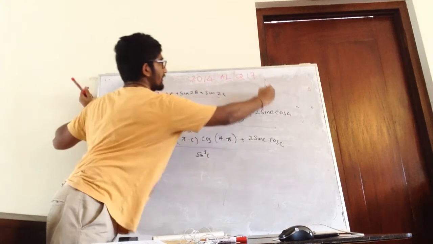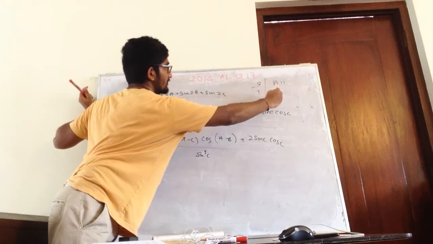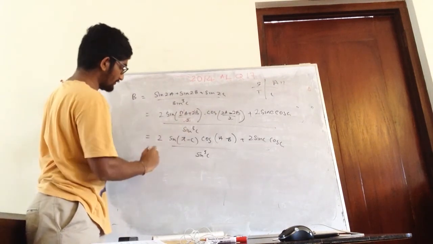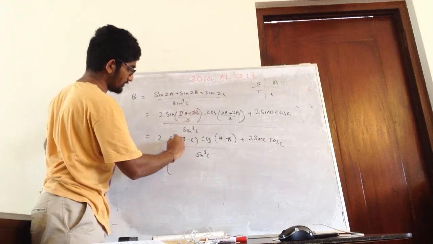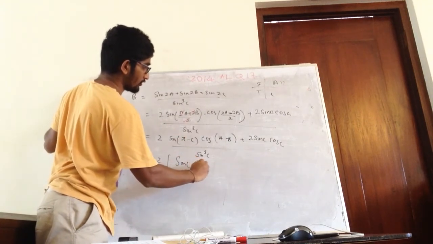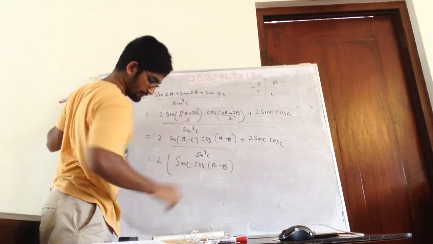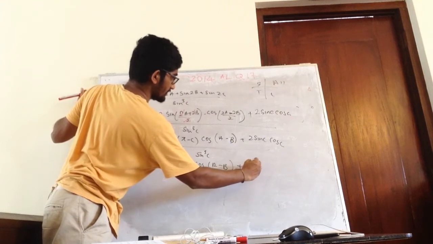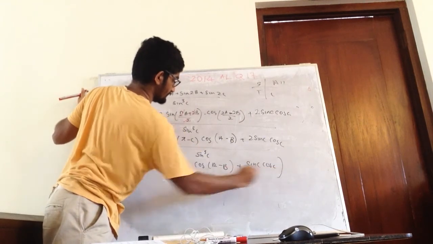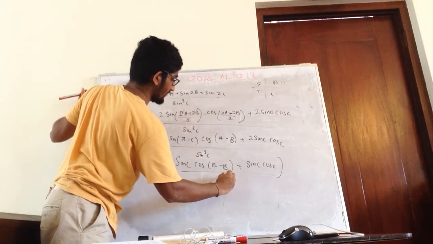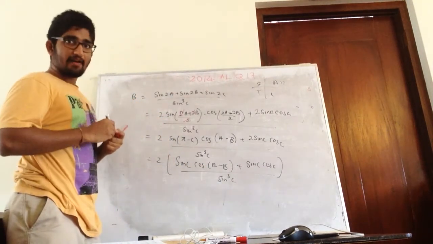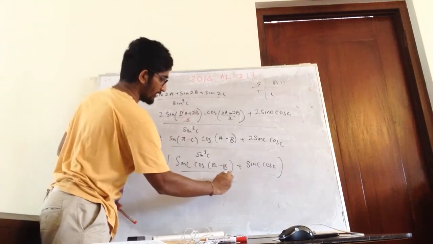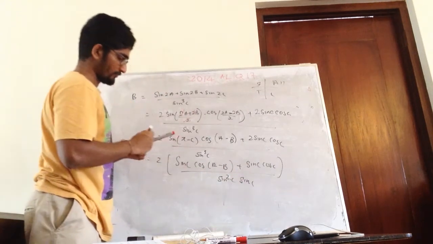If I take sin (pi minus C), it is going to be plus, so this will be positive sin C. If I'm going to take 2 out anyway, this is going to be positive: sin C cos (A minus B) plus sin C cos C over sin cube C. Right, now I can write this as sin square C into sin C, no problem, so I can cut this one.